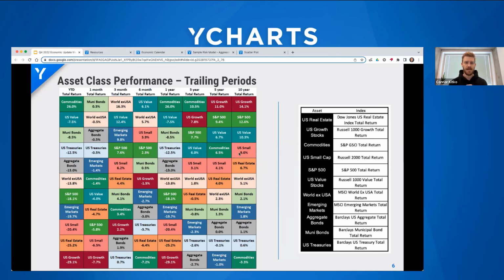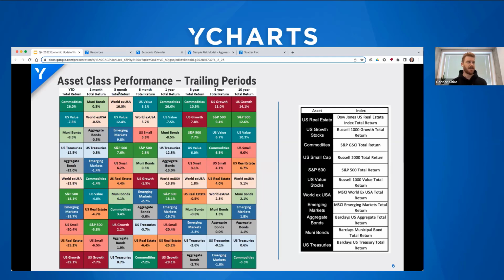I'm going to focus on the third column here, and this 3-month look back equates to the fourth quarter of 2022, where, as Joe just noted, World ex-USA was the best performer. Notably, though, emerging markets were also strong performers, returning 9.8%, and US value stocks split those two. It was a relative outperformer with a 12.4% return in Q4 alone for US value stocks.